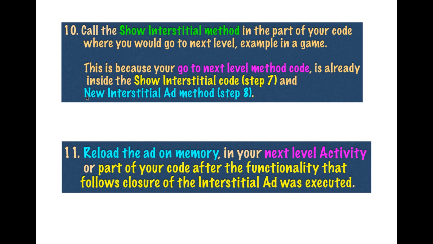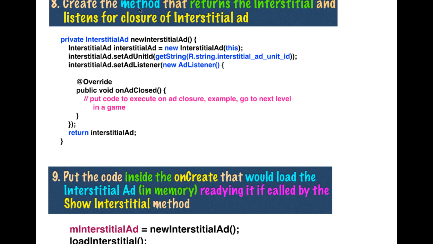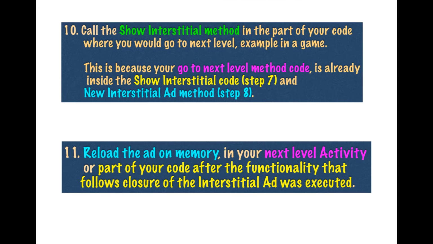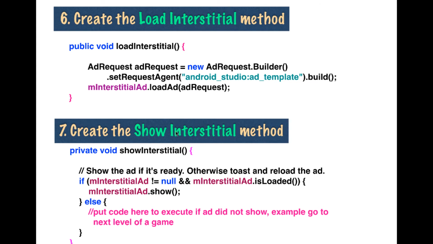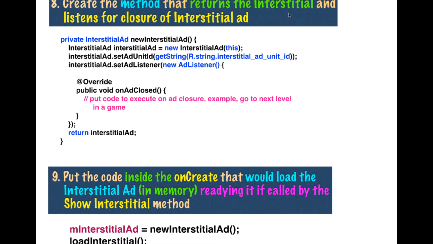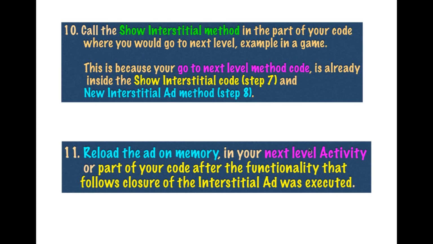We will know where this number 8 method is being called in our demo. So we put the code that goes to the next level both in the show interstitial method and inside the method that returns the interstitial ad and listens for closure of the ad.